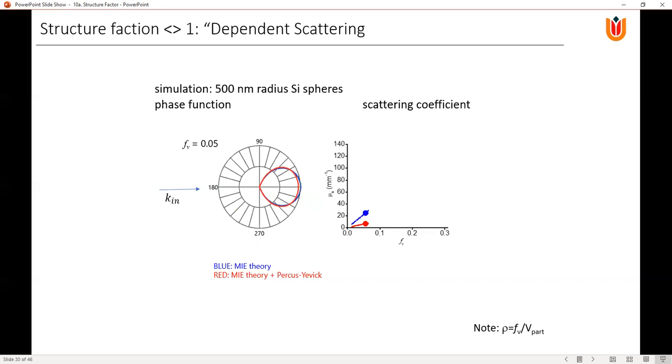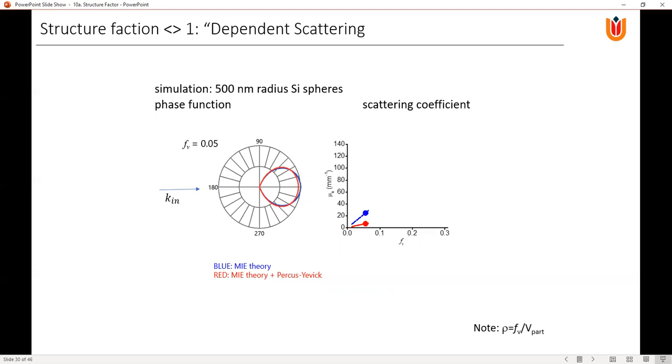So here is the result of a simulation of a 500 nanometer radius silicon sphere. So I took the refractive index of silicon. I think it was illuminated with 1 micrometer light, so the wavelength is two times the value of the radius. Here in this graph, you see the first data points already.